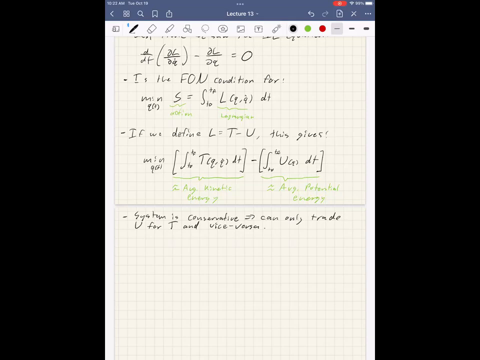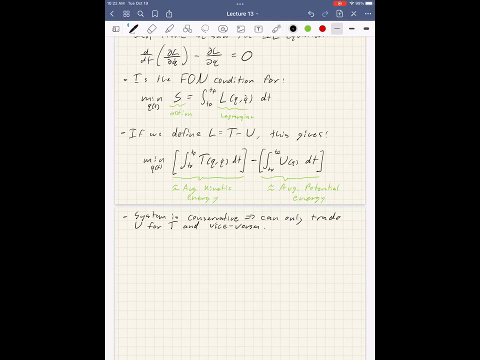Does that make sense? So what this least action principle is really doing is minimizing the difference between these guys. And remember, these are energies, so they are positive too. Well, potential could be negative, but that's sort of arbitrary. Kinetic energy is always positive; it's a quadratic form.